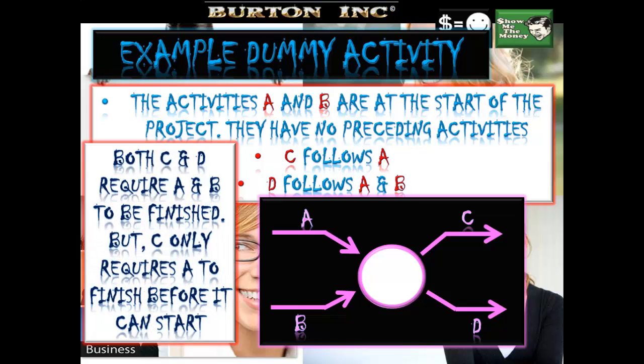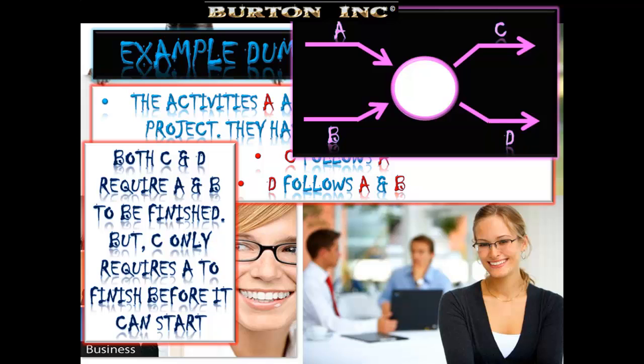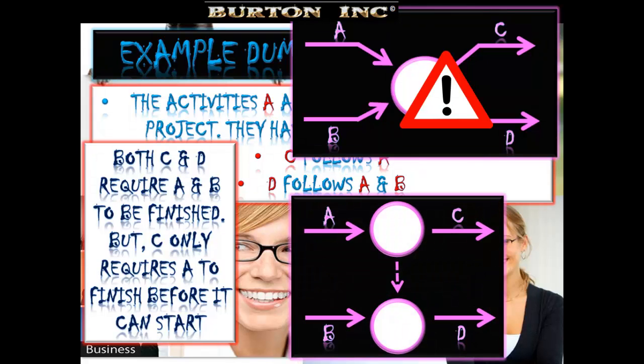So both C and D require A and B to be finished, but C only requires A to finish before it can start. What this should look like is not that, but this. Right. So D requires both A and B to be completed.